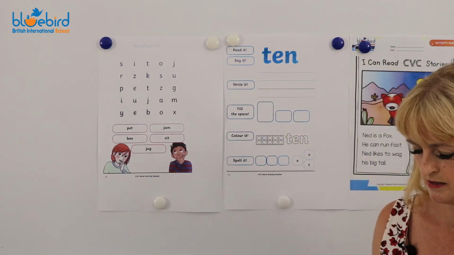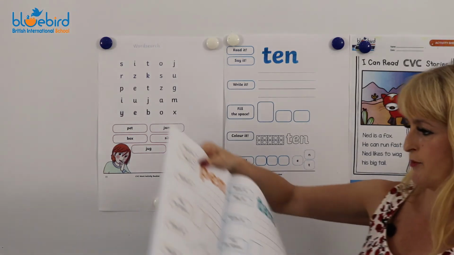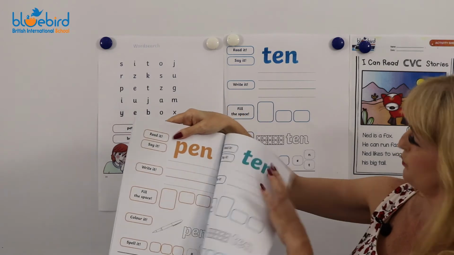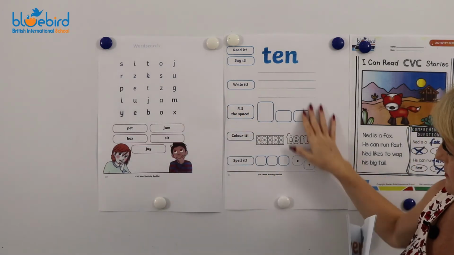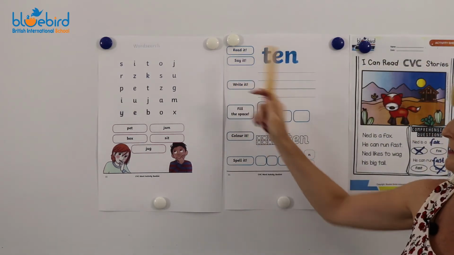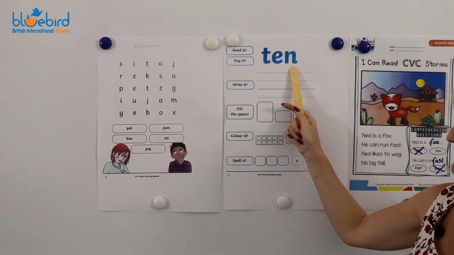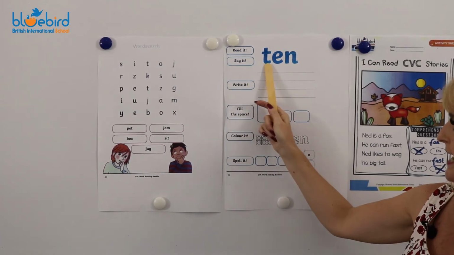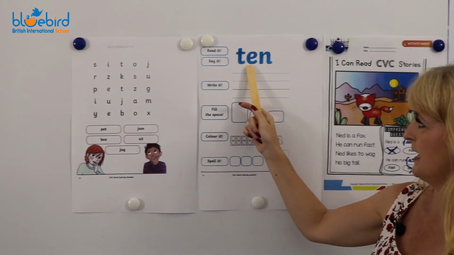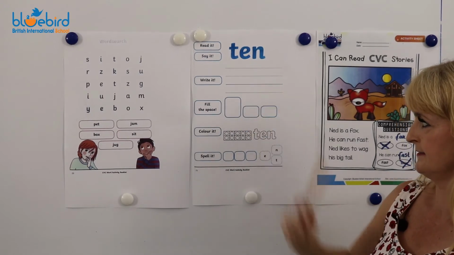It's on number 21 in our book. Okay? So the first one is pen, but we are going to do 10 together. So the first thing we have to do, we have to read it. 10. We have to say it. 10.